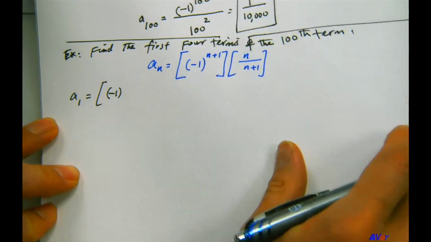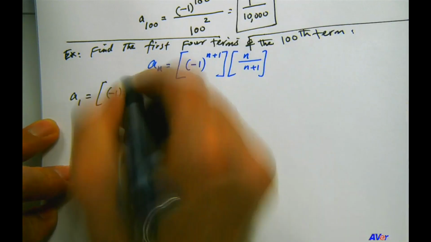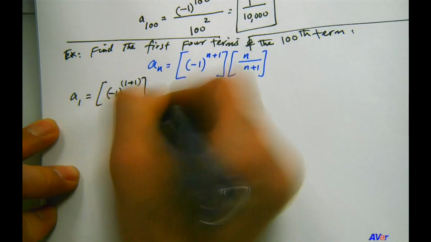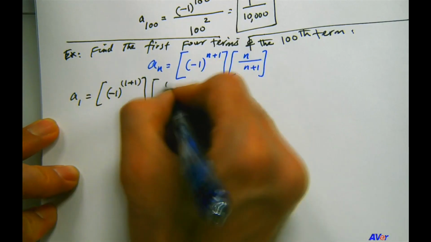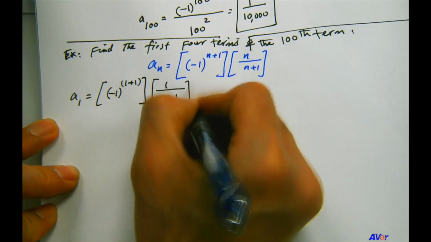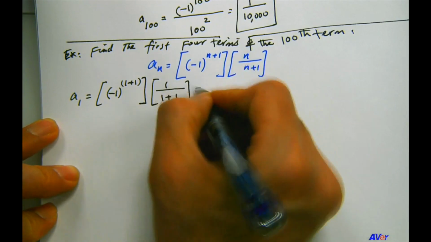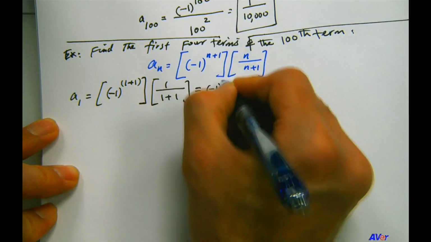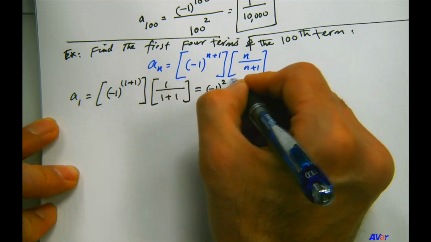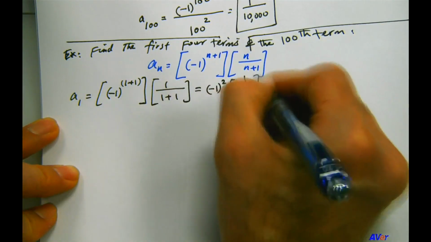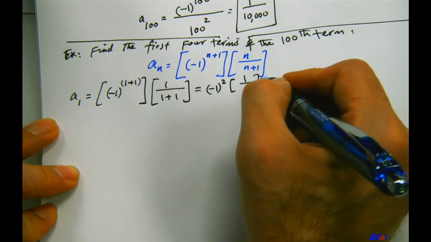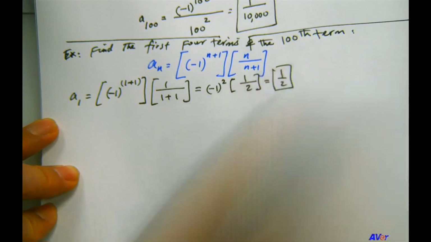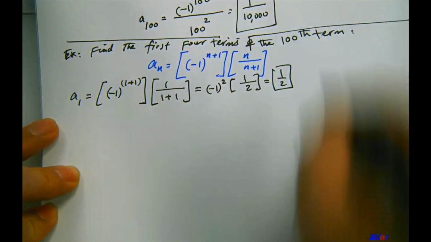We have 1 plus 1, and then 1 over 1 plus 1. Wherever I saw n, I replaced it with 1. Now, minus 1 squared times 1 over 2. Minus 1 squared is 1, times 1/2 is just 1/2.